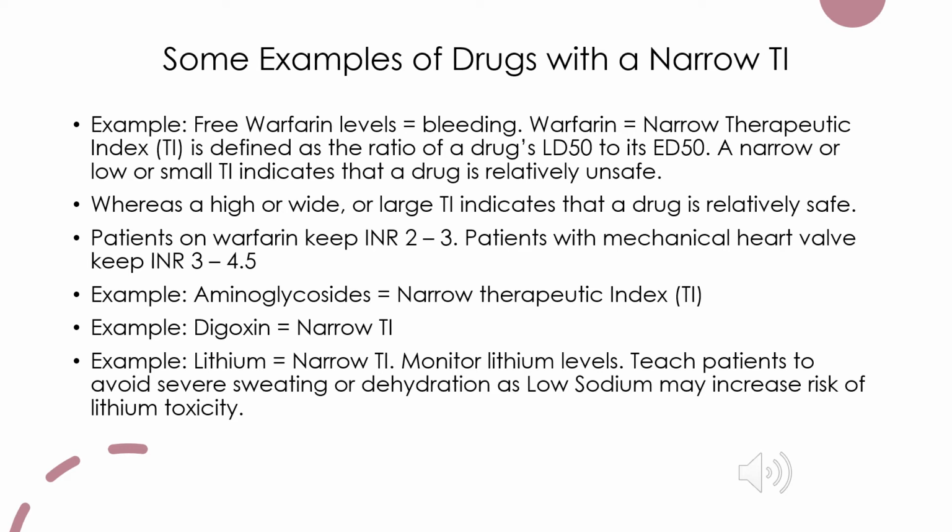So the next drug that has a very narrow therapeutic range is digoxin. Older adults are particularly at risk for dig toxicity. Symptoms of toxicity may begin slowly and are often easy to overlook. So they'll have symptoms such as loss of appetite, nausea, vomiting.